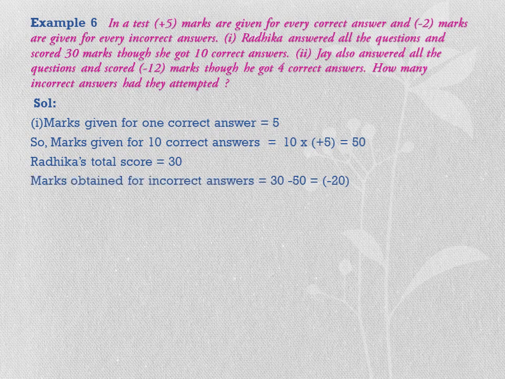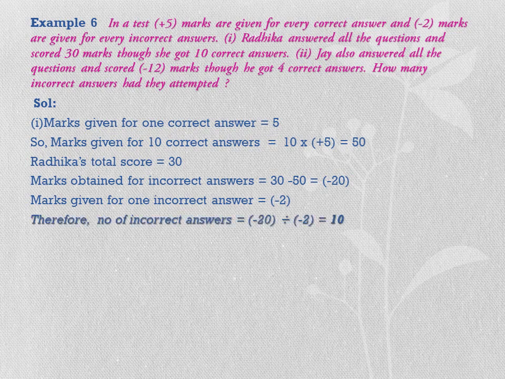Therefore, 30 minus 50 is equal to negative 20. Marks given for one incorrect answer is equal to negative 2. Therefore, number of incorrect answers Radhika attempted is equal to negative 20 divided by negative 2, that is equal to 10 questions.